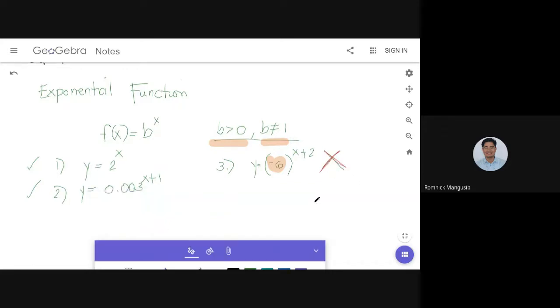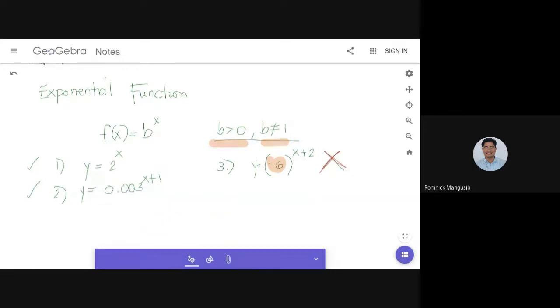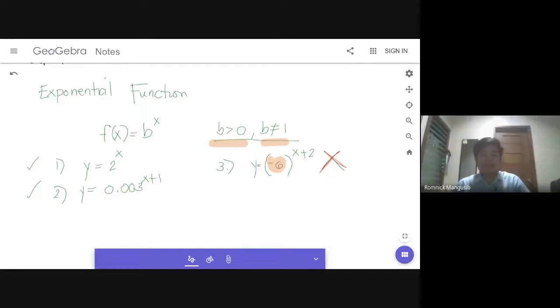Okay? So I guess na-introduce naman yan ng teacher nyo, yung mga paano kumilala no, ng exponential functions. And so, let's move to finding the domain and range of exponential functions. In solving for the domain, solving for the range, and so with the horizontal asymptotes class, these are just some of the basic properties of exponential functions.